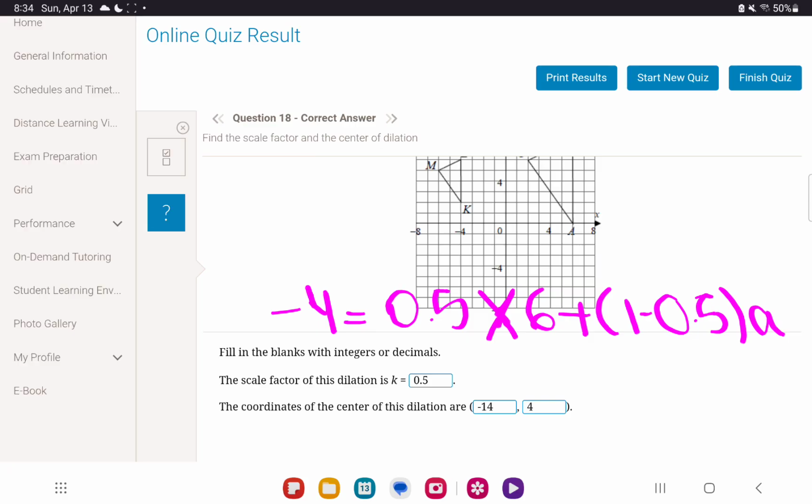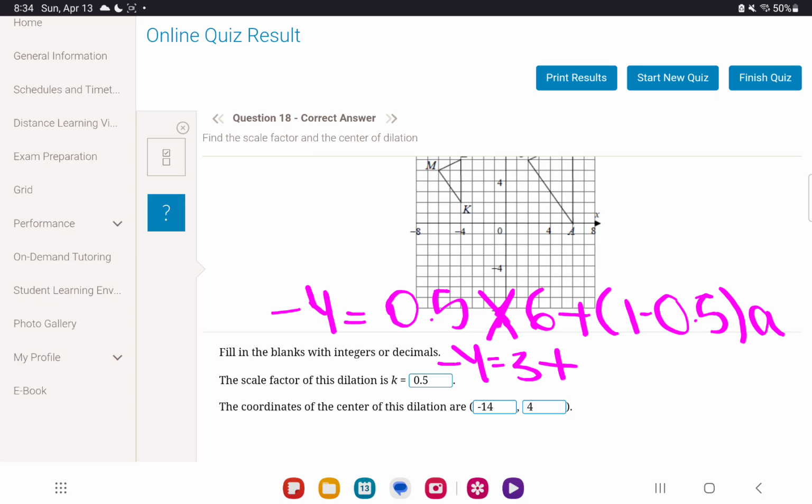0.5 times 6 is 3. So our equation is this: 3 plus 1 minus 0.5 is 0.5. Just let me make sure. Yeah.